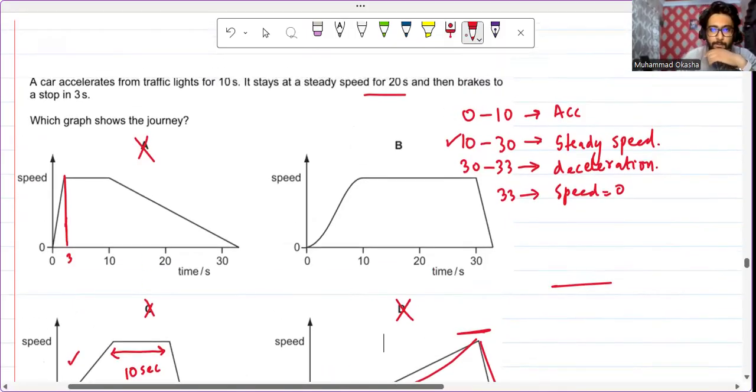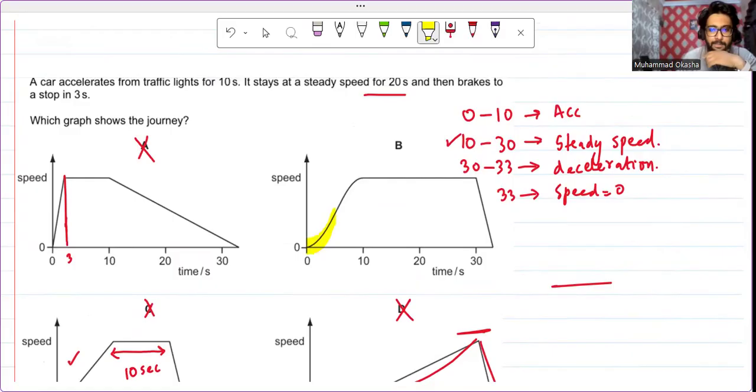So this is non-uniform acceleration, initially increasing and then decreasing. But this is acceleration up until point 10, right? 0 to 10 is acceleration, yes. For the next 10 to 30, it is constant speed, yes, because you have your horizontal line. So this is correct, right? And then deceleration from 30 to 33, so it's going downward until it reaches a speed of 0.